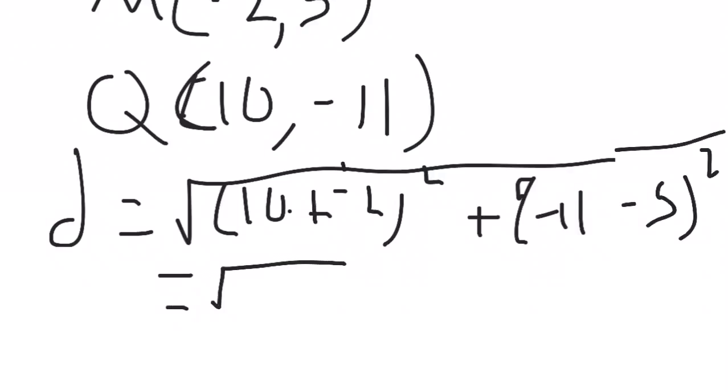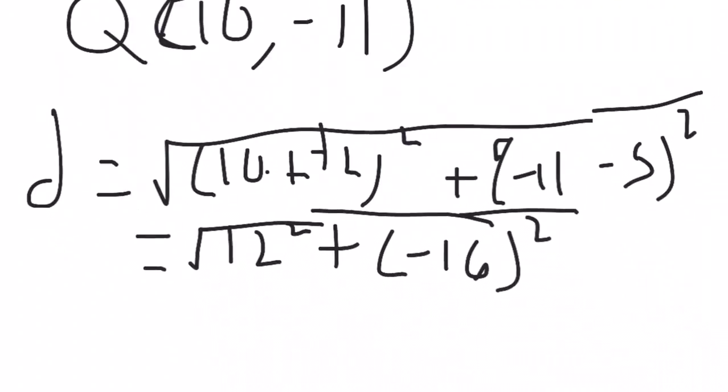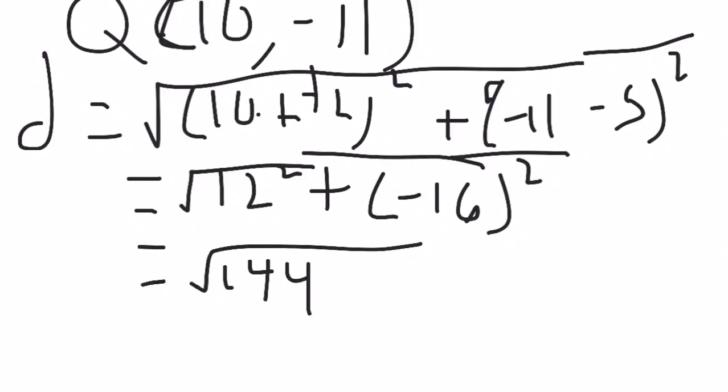That turns to 10 plus 2, which would be 12 squared, plus -11 minus 5 would be -16 squared. 12 squared would be 144. -16 squared, since the negative's in the parentheses, it would turn to positive.